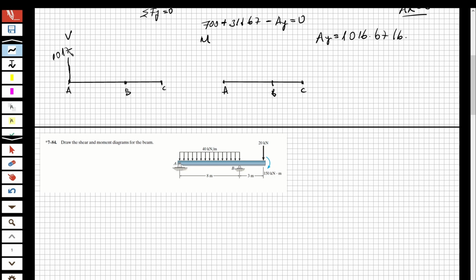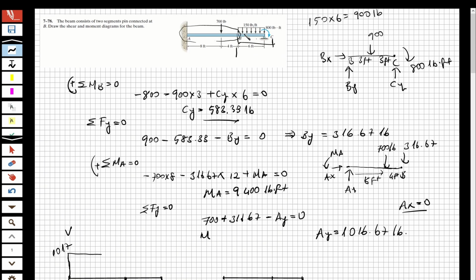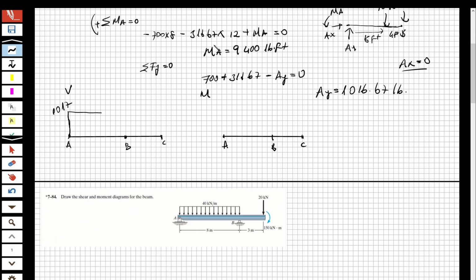Just directly write 1017, and I'm going to continue with the same amount until I reach the point where the force is applied, until the 8 feet distance. So for example, this is 8 feet distance and the force applied at this point, and I'm going to decrease by 700. So it's going to be, for example, 300.